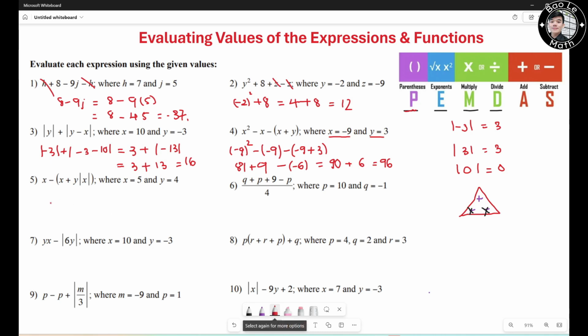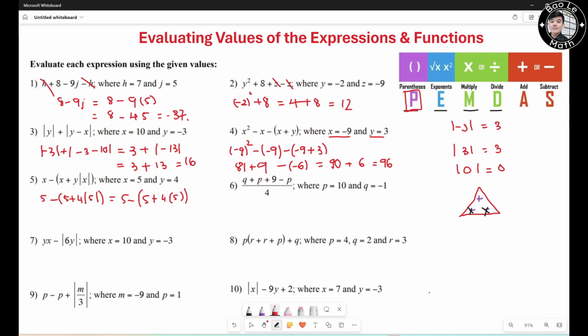Now the next one. X equals 5, y equals 4. Substituting, we get 5 minus parentheses 5 plus 4 times the absolute value of 5. Then we simplify. The absolute value of 5 equals 5, so I rewrite 5 minus parentheses 5 plus 4 times 5. Looking at the PEMDAS rule, we deal with parentheses first.